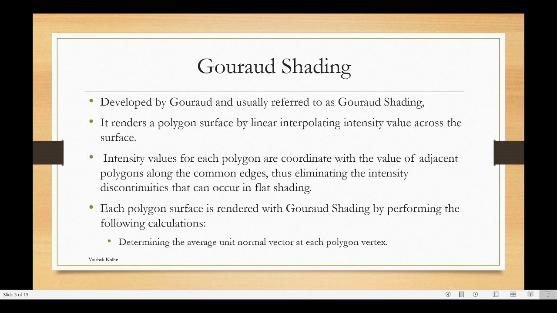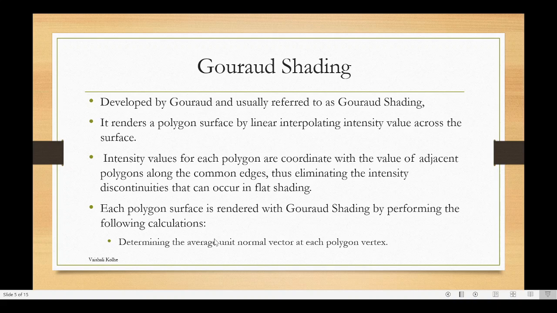This method takes the intensity of surrounding polygon surfaces and from that it finds the intensity for a particular point or particular pixel. So basically it is using linear interpolation to find the intensity at a particular pixel position. Further, we'll see how this algorithm works.